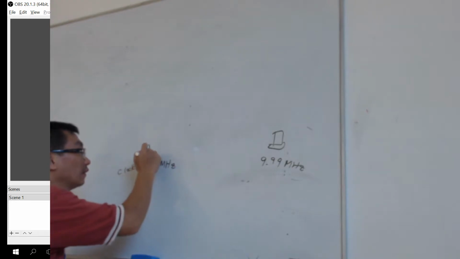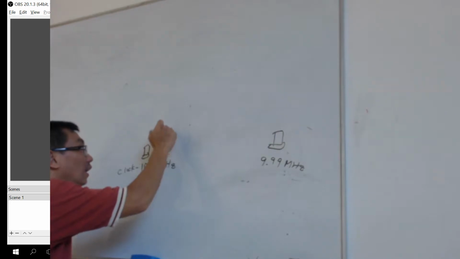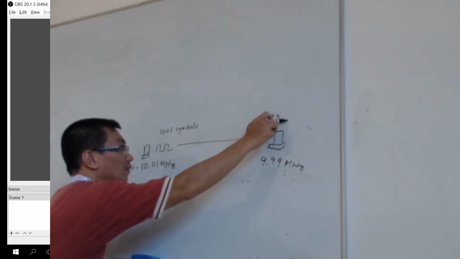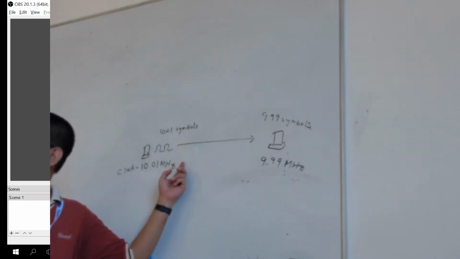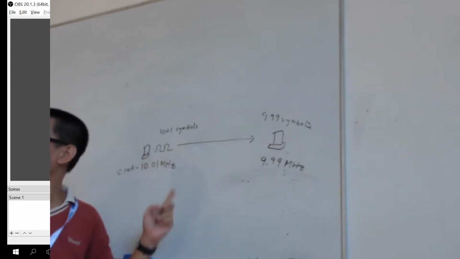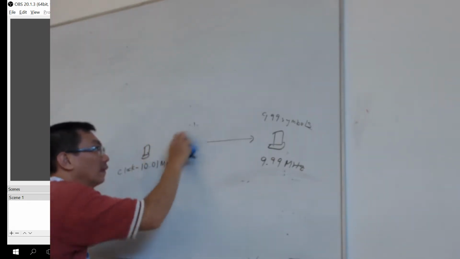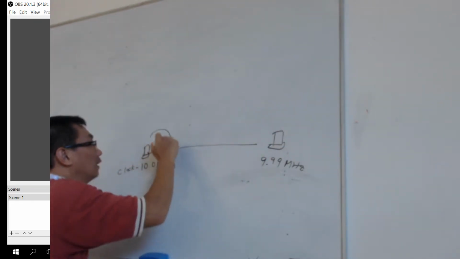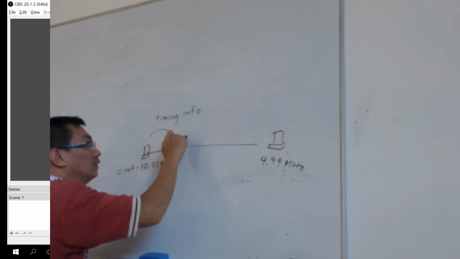So if you send something like 1001 symbols, once it reaches here, you only get 999 signals. You don't want this to happen. So how do you prevent that? You should put the timing information inside the signal.